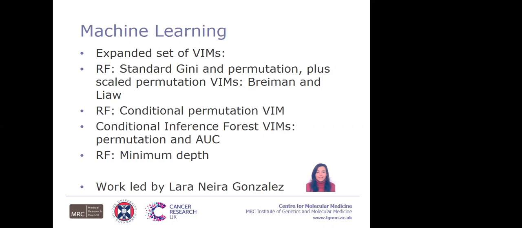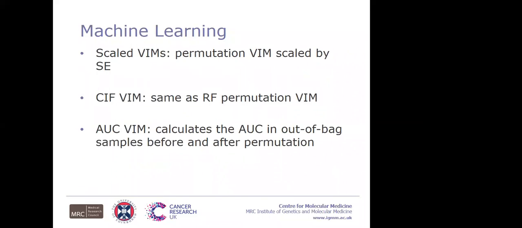So in random forest, we use the ones that I've been talking about throughout this talk, the standard Gini and permutation VIMs, plus scaled permutation VIMs, two different types of scaled VIMs. And then in random forest, we also looked at a conditional permutation VIM. In conditional inference forest, we use the standard permutation one, and then one based on the ROC area under the curve, and then also minimum depth. So I'm going to talk about the new ones now.